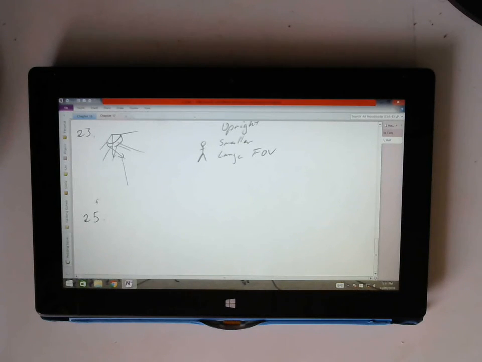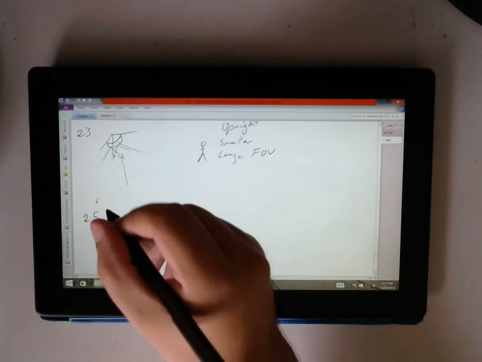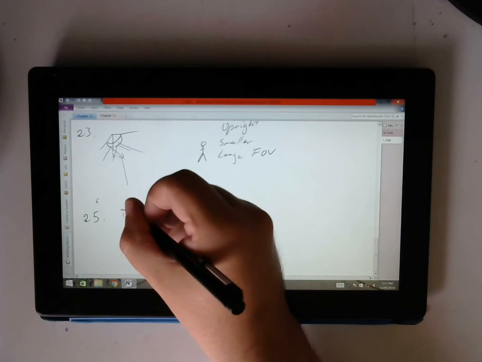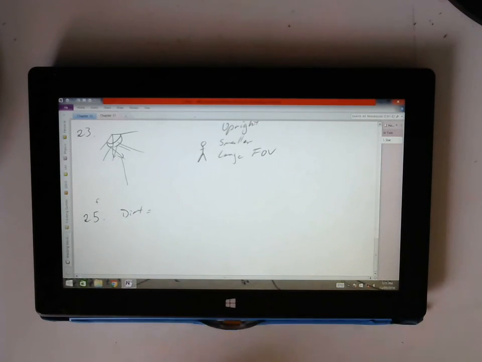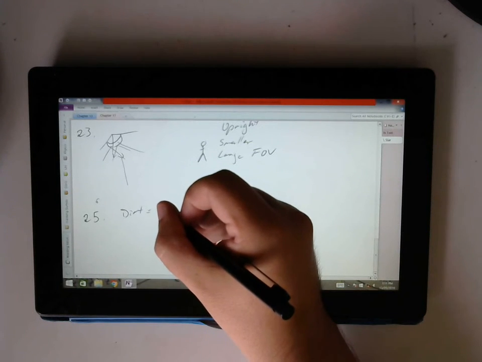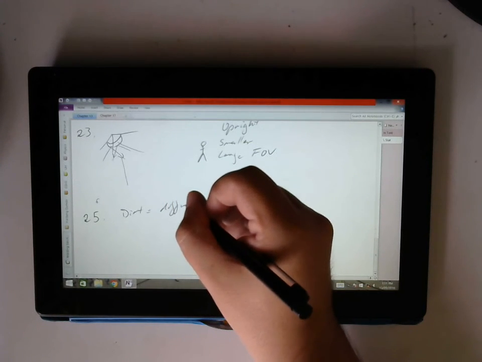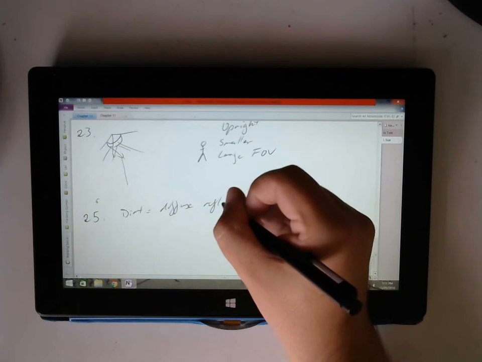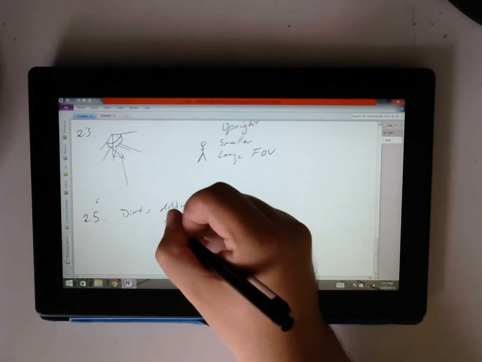Metal is very reflective. It has an electron layer in there, which you'll learn about later, but it reflects light very easily. But if it's dusty, if it's dirty, well, dirt equals, sorry, not specular, diffuse reflection, therefore no image.